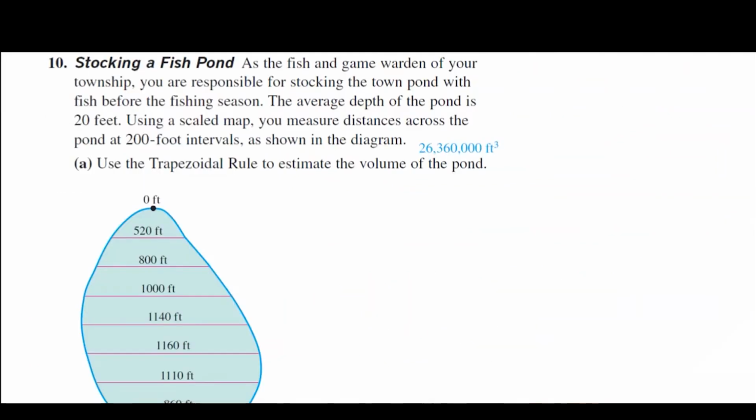Find the volume of this pond by using the trapezoidal rule, okay? And the depth is constant at 20 feet. Oh, hold on, I screwed up assembling this writing device. Okay, so the depth is 20 feet.